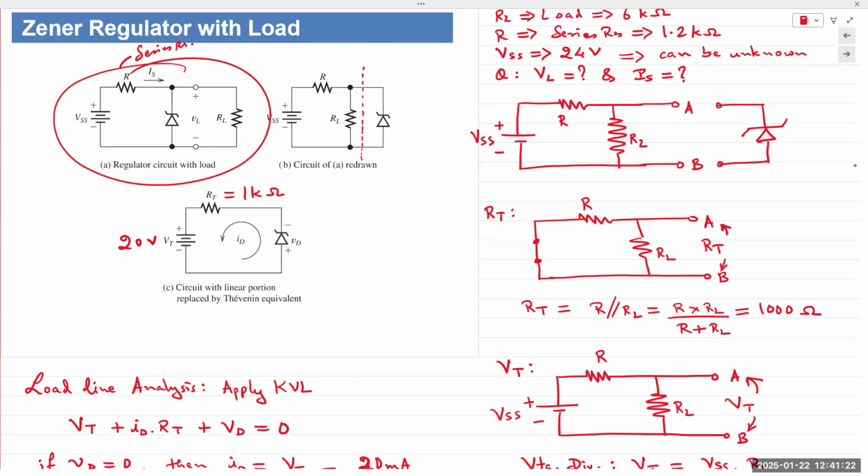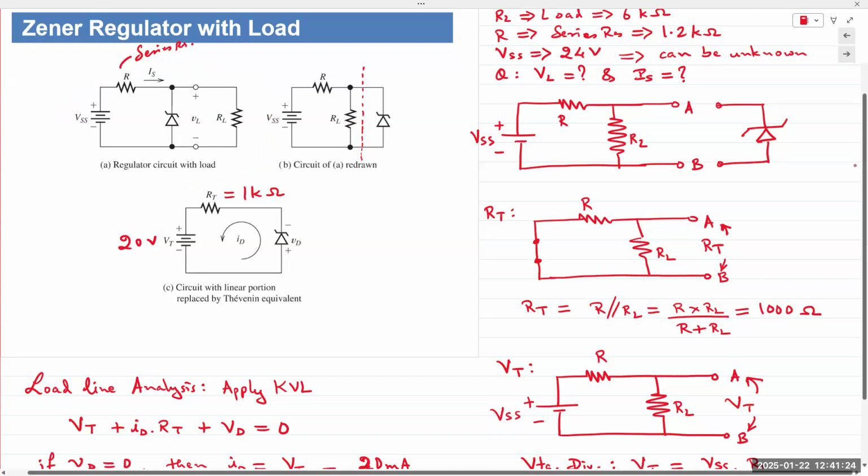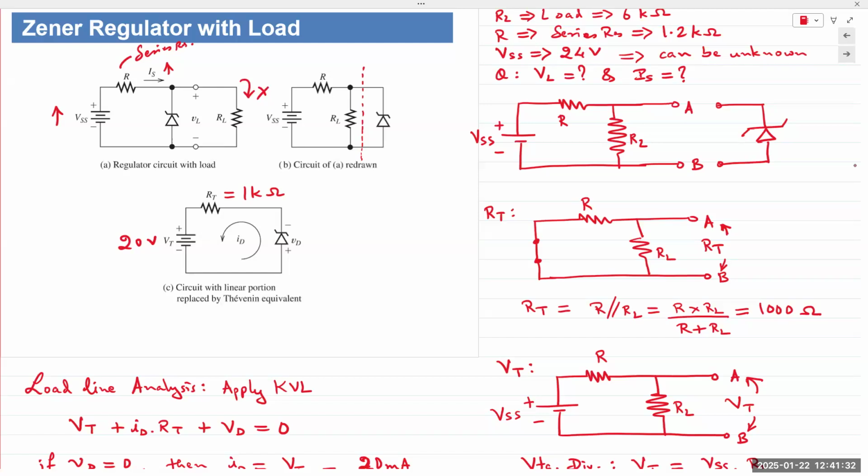But IL shouldn't increase. So where is that extra current going? Through the Zener diode. So IZ must increase.